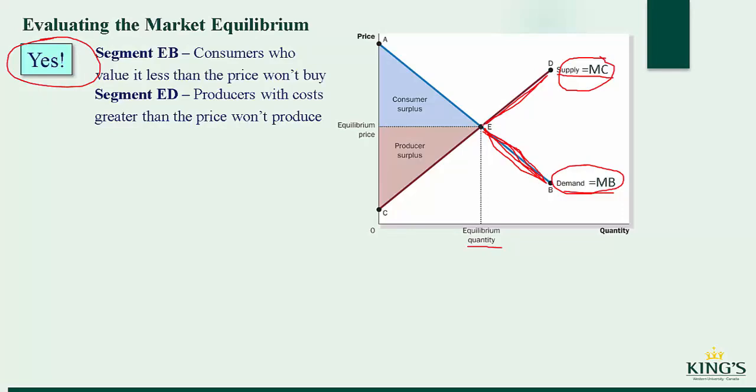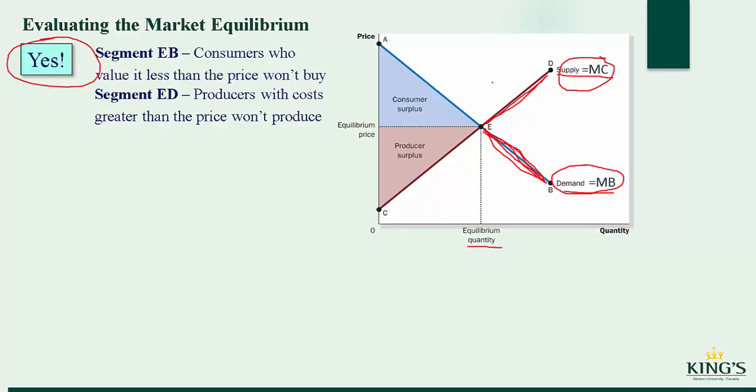All of these firms would need a price higher than the equilibrium price to offer it for sale. Perhaps these include opportunity cost. Also, some firms might be located in areas where it's more expensive, or they're just not as efficient. Something's causing their cost to be higher, and so they need a higher price to offer it for sale. And so they won't offer it.